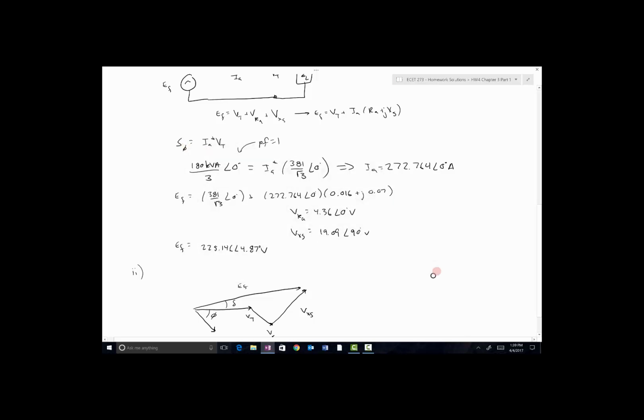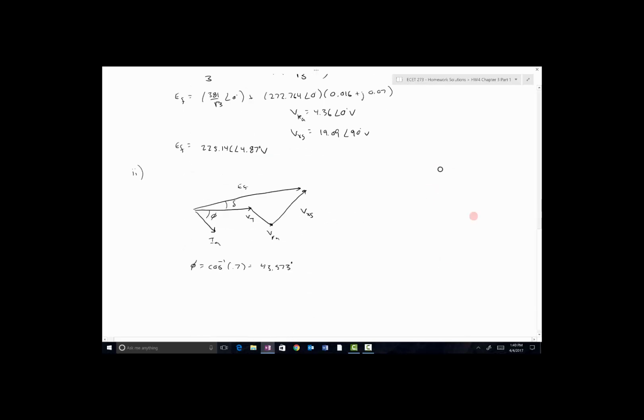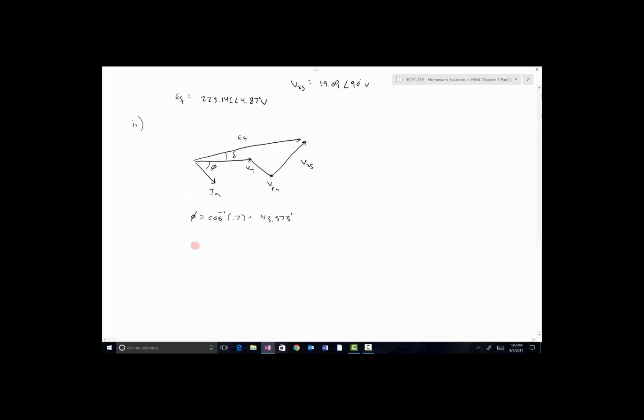I won't set up the equation because you already saw it, but it's going to be the complex conjugate of 180 over 3. The angle is going to change in this calculation, 45.573 degrees, but the voltage doesn't change, it's still 381 over root 3.